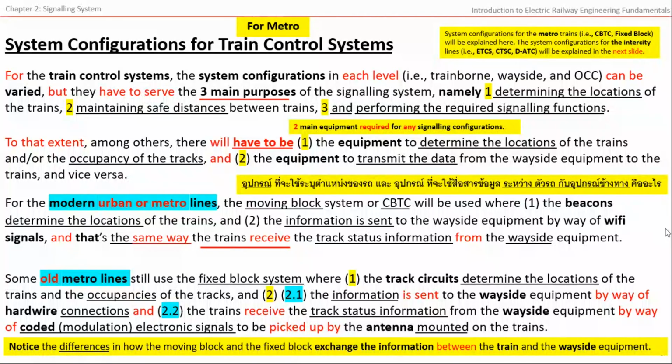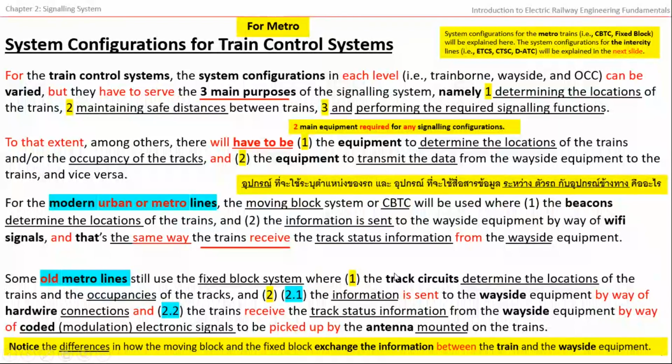And the same way, the train will receive the track status information from the wayside equipment by way of the Wi-Fi signal as well.